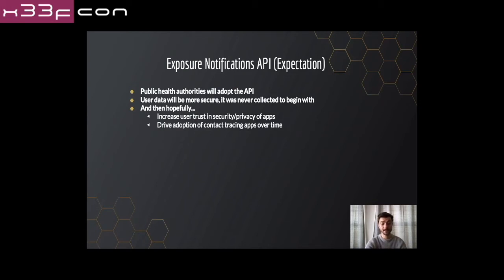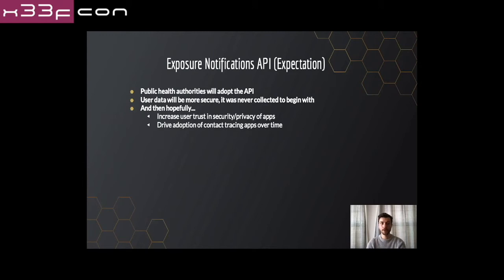Of course, and as mentioned, the API's goal is to provide that core functionality for building secure applications. Providing this API was a major innovation, and going back to trust, it's very important that users who download COVID-19 contact tracing applications can actually trust that those applications are secure and that they're private.